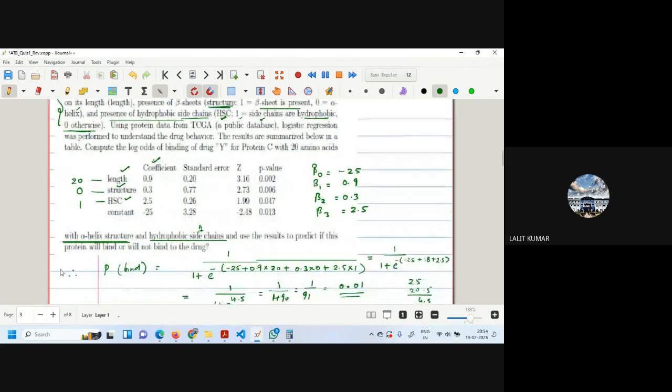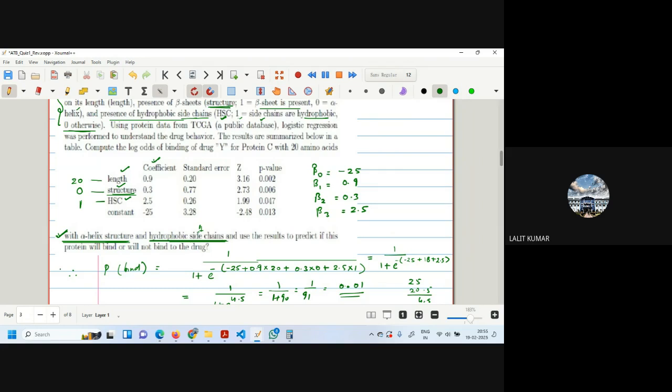And for the amino acids, they have now given that it has an alpha helix structure and it has hydrophobic side chains. So what does it mean? If it is an alpha helix structure, then this structure value will be 0. If beta sheet is present, then it is 1. If it is alpha helix, it is 0. Similarly HSC, if it is hydrophobic, then it is 1. They have given that it has hydrophobic side chains, so this value is 1.